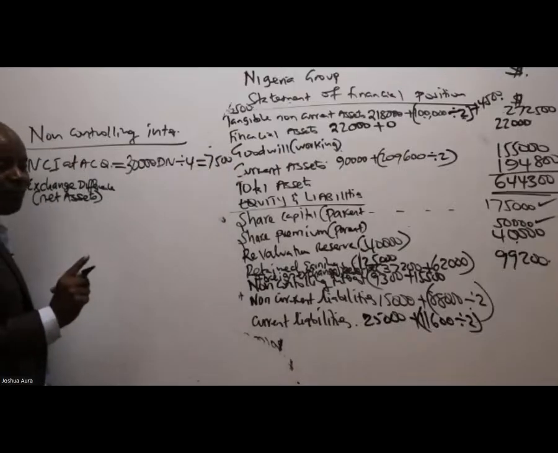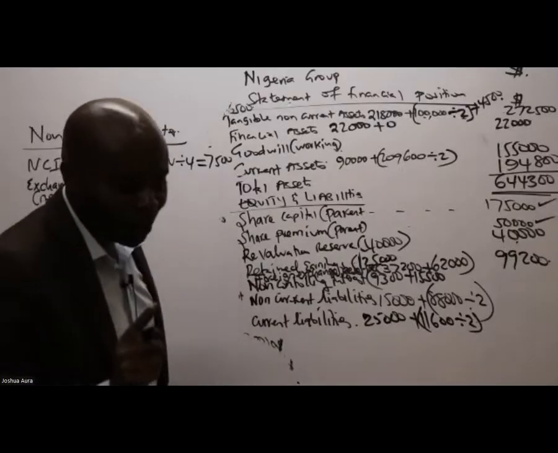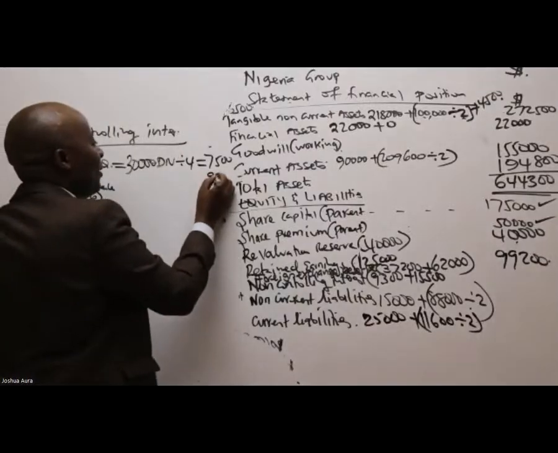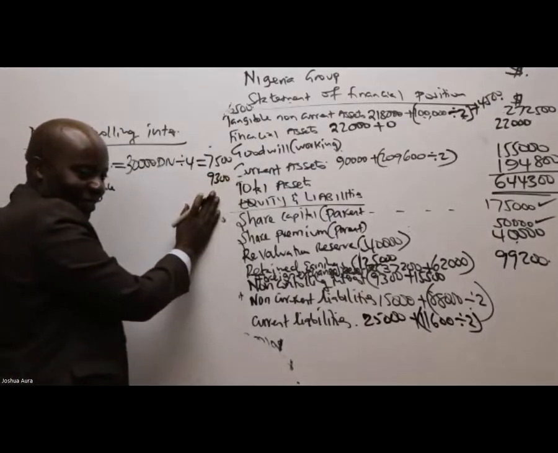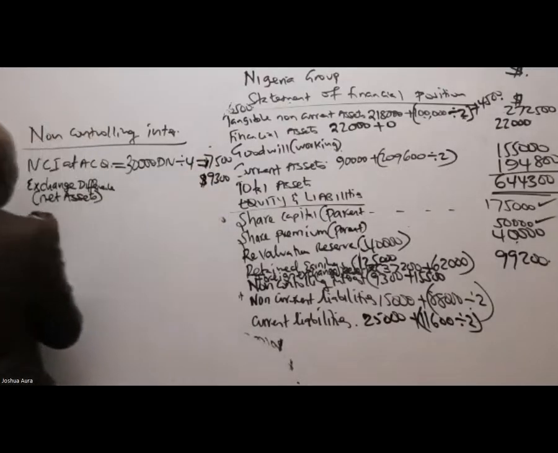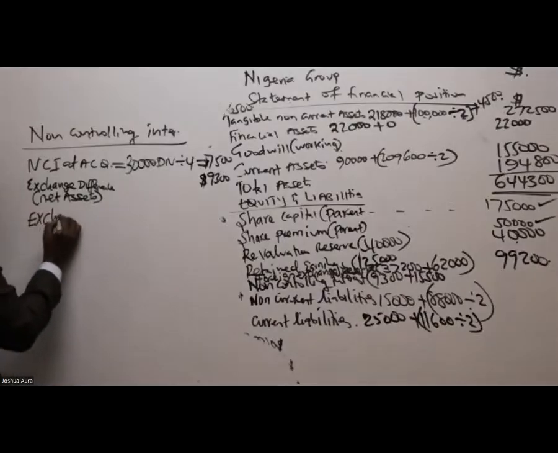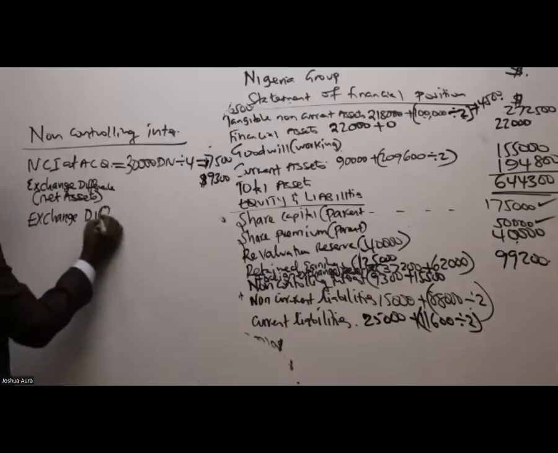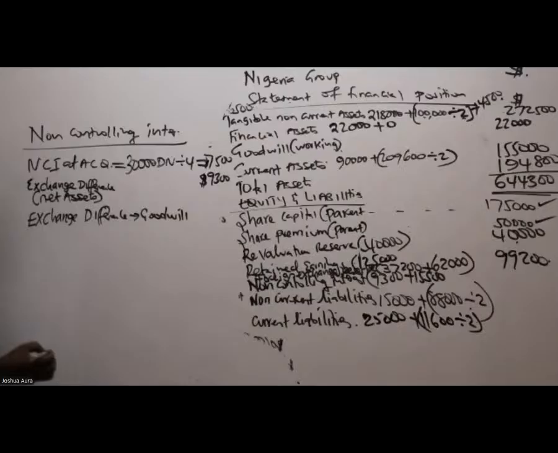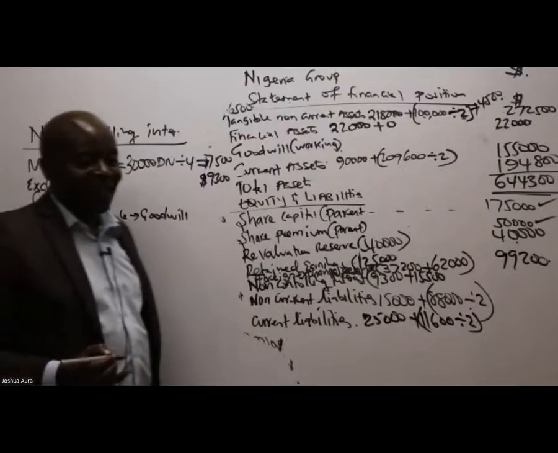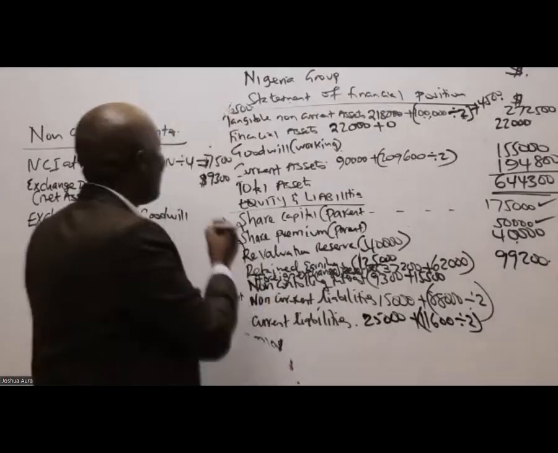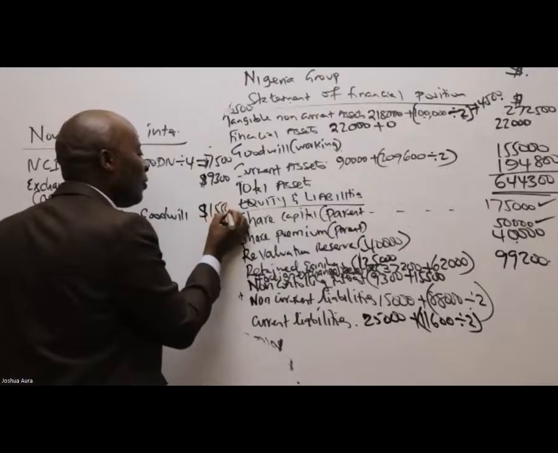We gave them 9,300, and remember this is already translated, these are dollars now. We also gave them something from the exchange difference of goodwill, 15,500, and this is already translated.